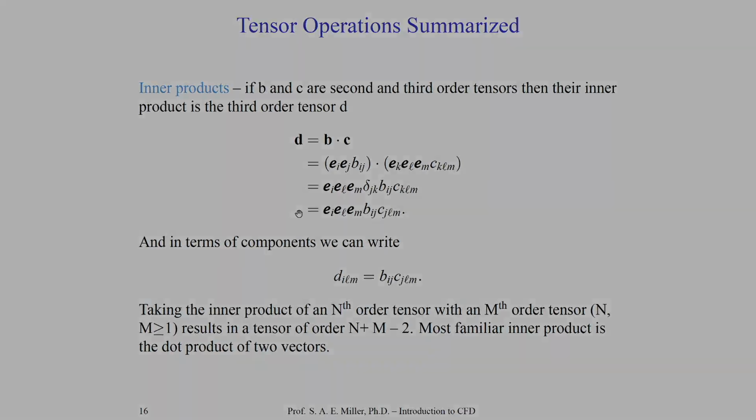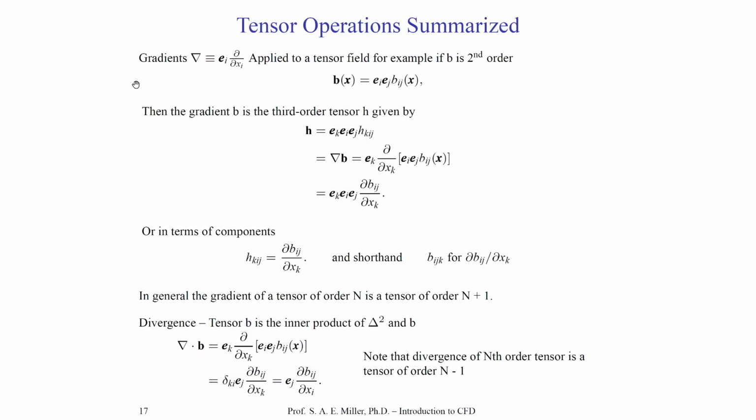We can also summarize gradients, which we might write as nabla with vector e_i partial x_i. Applied to a tensor field of, say, second order, we might now write b of x equals e_i e_j b_ij. The gradient of b is then the third order tensor h, which is given by this middle set of equations.